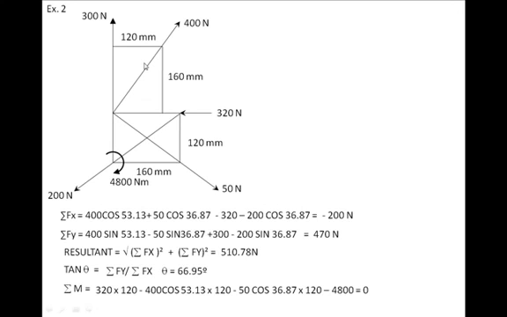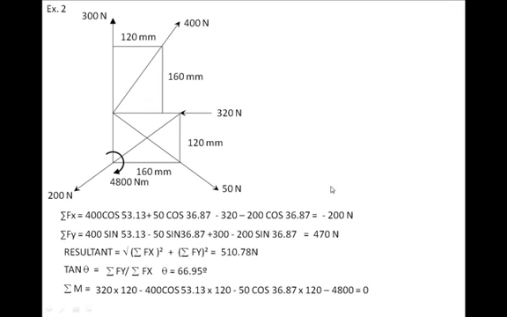There is another component 400 sin 53.13, but that vertical component passes through origin, so it doesn't give any moment, so we have not written it in the equation. Then we have 50 cos 36.87 into 120, and then this moment clockwise 4800 negative. We sum it total. It comes out to 0.